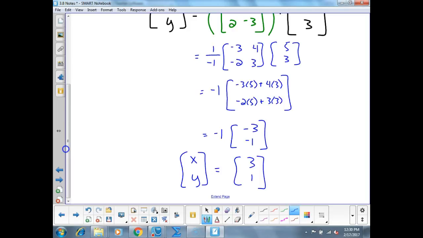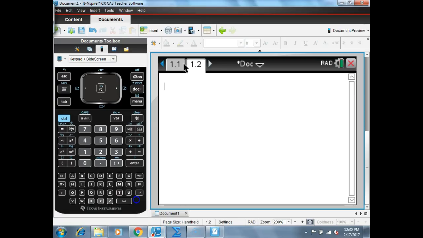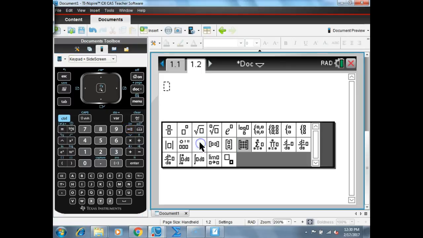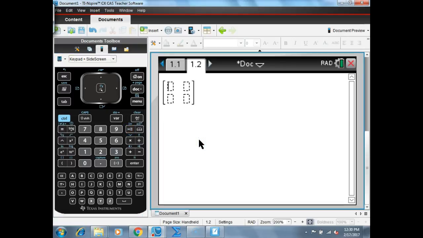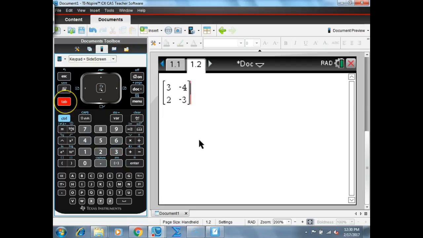Okay? Now, on the calculator, all you've got to type in is the 2x2 matrix of 3, -4, 2, -3, and you're going to take that to the -1 power.